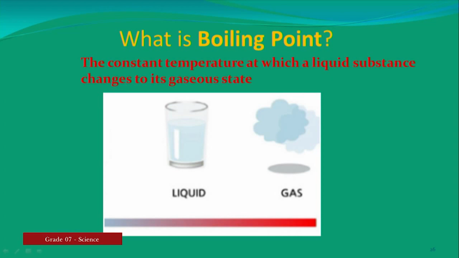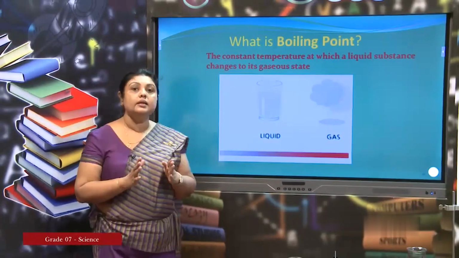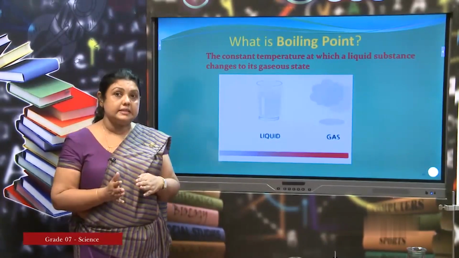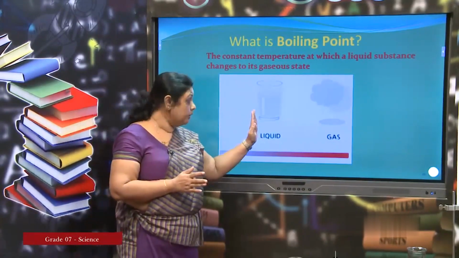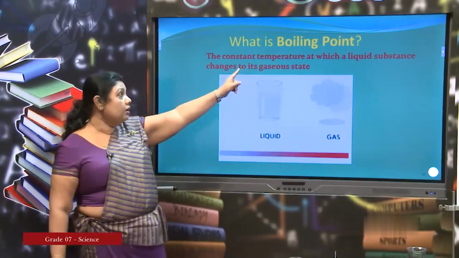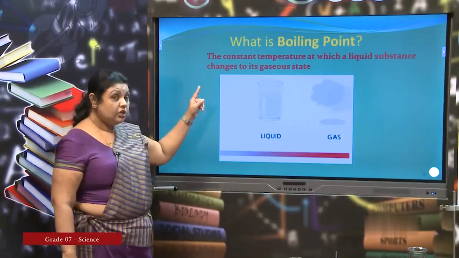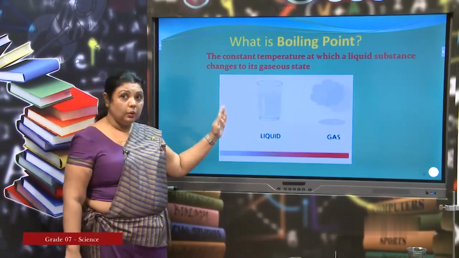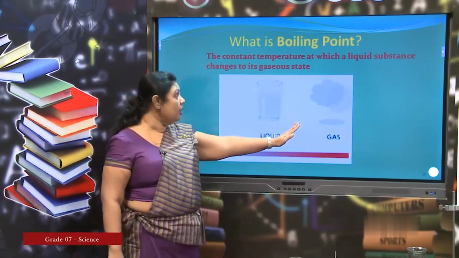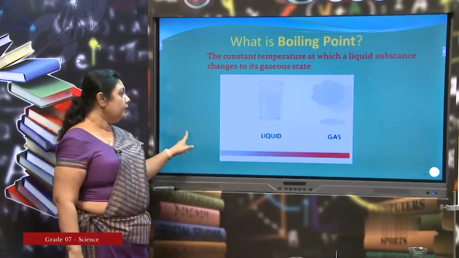It has gained some heat. So, you need a temperature to change from liquid to gas. That is called the boiling point. It's an exact, constant temperature at which a liquid substance turns into a gaseous state.